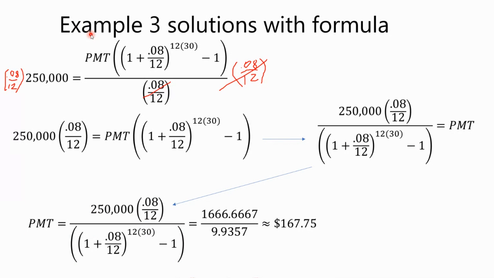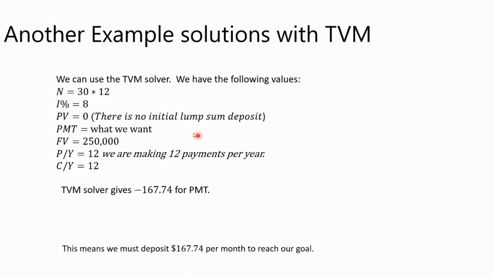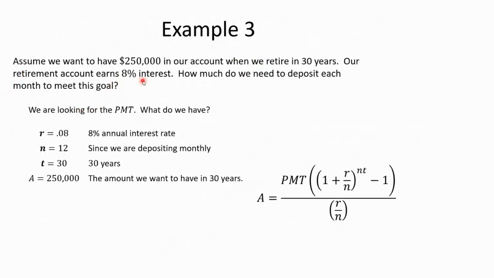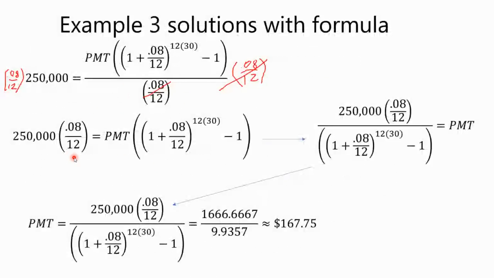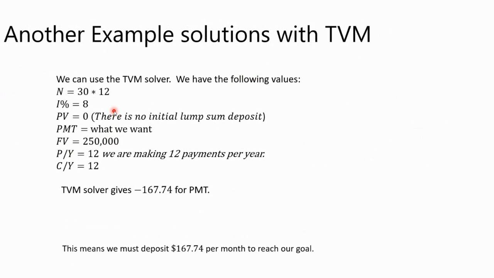To use the TVM solver, we need our parameters. We know we're going to retire in 30 years. It's being compounded monthly because we're making monthly deposits. How do we know that? The number of deposits in a year equals how many times it's compounded in a year.